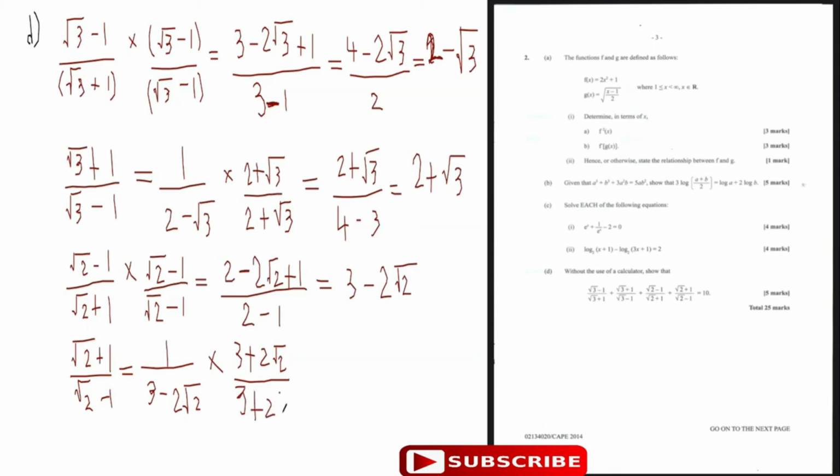So what do I get? In the numerator, 3 plus 2 root 2, over the difference of two squares: 3 squared is 9, minus 2 root 2 squared, which is 8. And so that just works out to be 3 plus 2 root 2. So good now, we're really good.